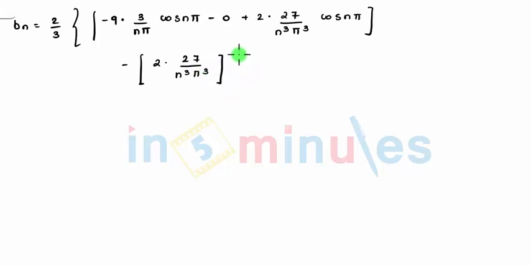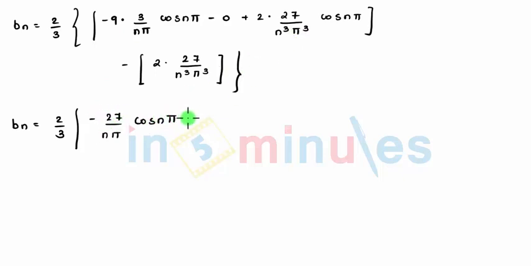So we can say here finally bn will be 2 by 3, so this is minus 27 divided by n pi cos n pi. Next is plus 2 into 27, 54 divided by n cube pi cube cos n pi, and the last is minus 54 divided by n cube pi cube.